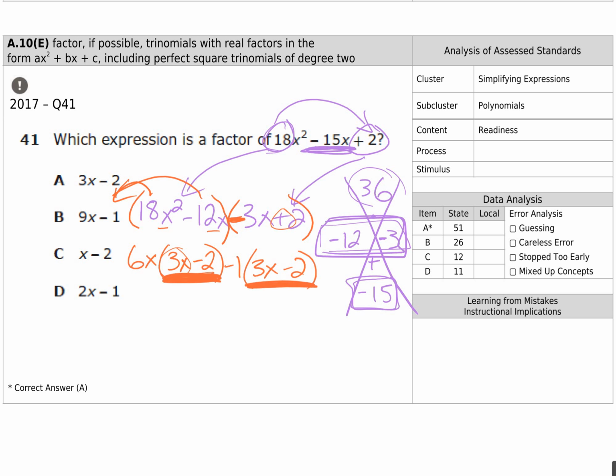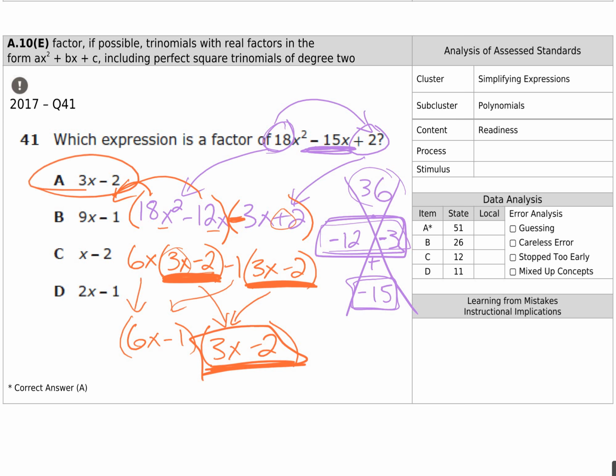That's what we're wanting to have happen. So we remember the two coefficients become our first one, 6x minus 1. And the binomial pair that matches becomes our second one, 3x minus 2. So we have our two factors, 3x minus 2. Matches here. A is the answer.